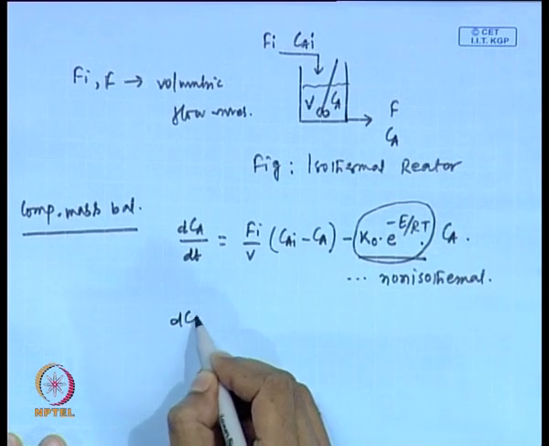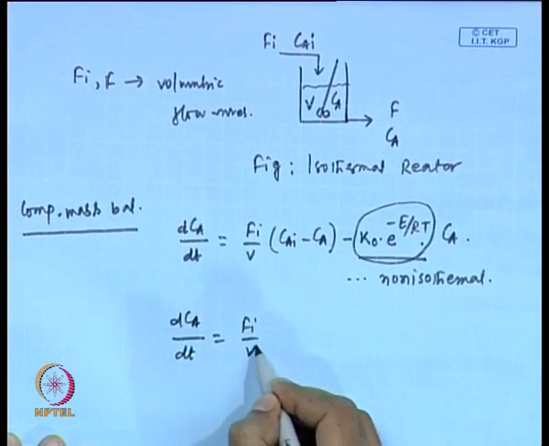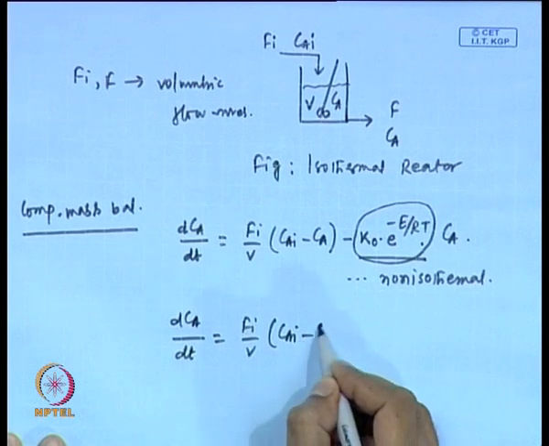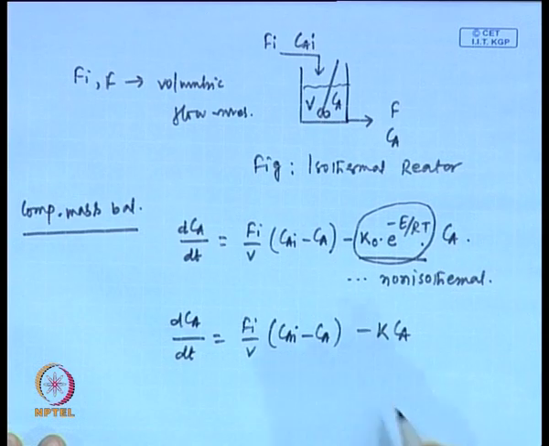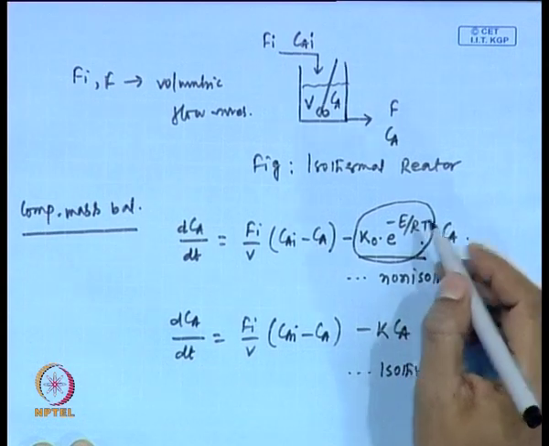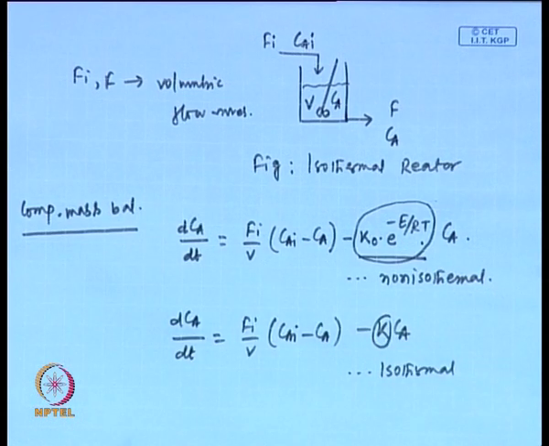So, we can rewrite this equation for the case of isothermal as Fi by V times (CAi minus CA) minus K CA. For the isothermal case, there is no variation of temperature, that is why this whole term becomes constant, and that we are representing by K. So, this is the modeling equation for the isothermal CSTR.